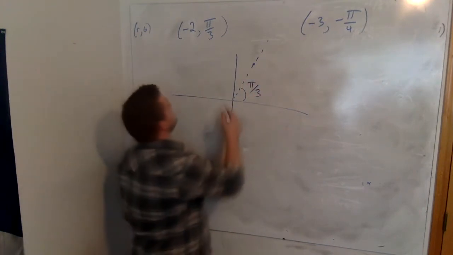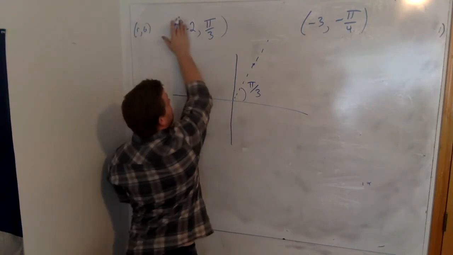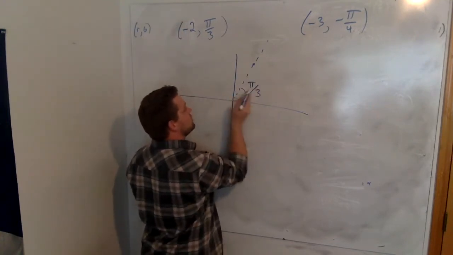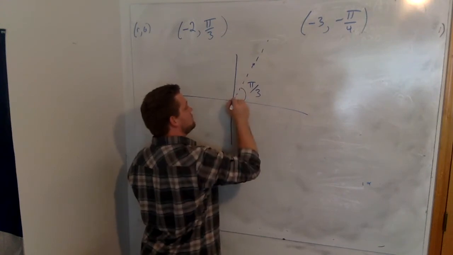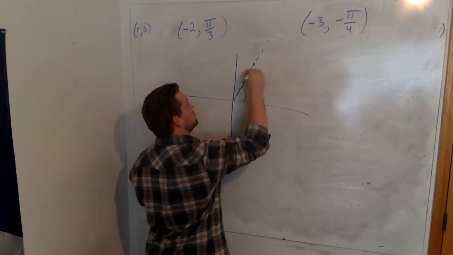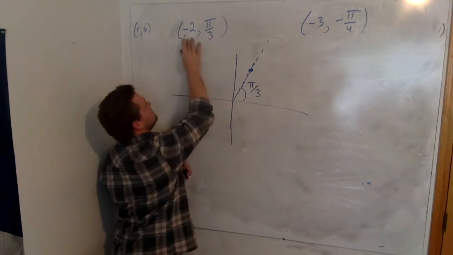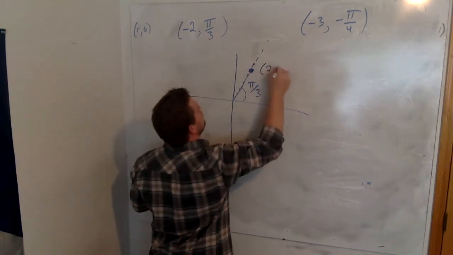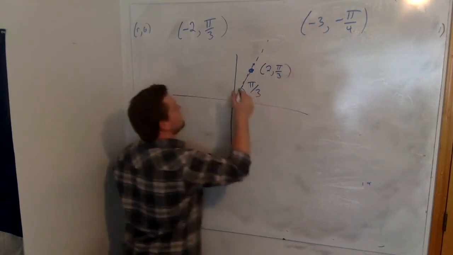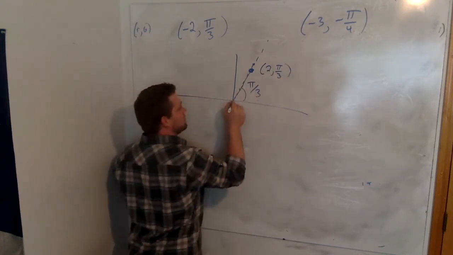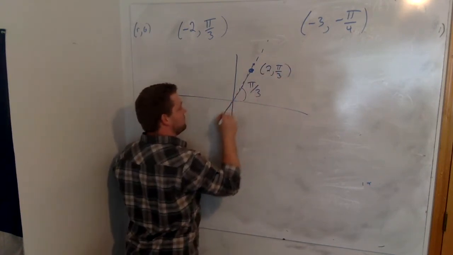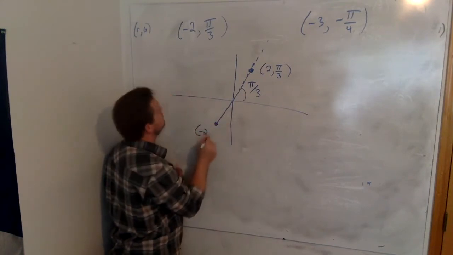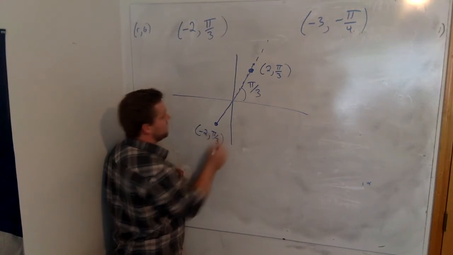If we were plotting the point 2, pi over 3, we would go along the line that's touching the angle. So there'd be like 1, 2, so we'd be roughly right here. But since it's a negative, I'm not going to go this way 2 units, I'm going to go backwards 2 units. So this point right here will be negative 2 in pi over 3.